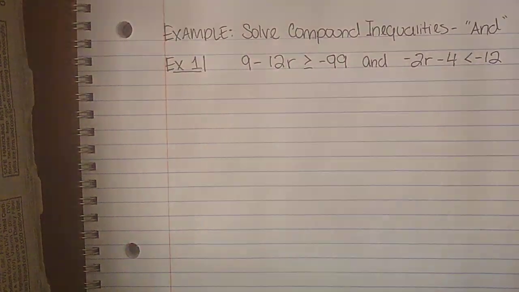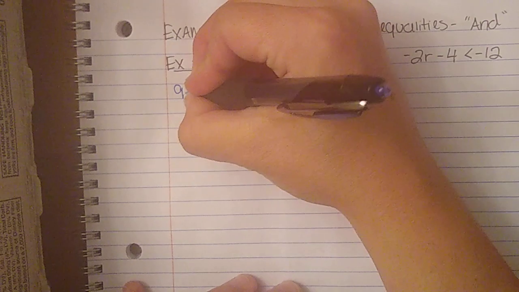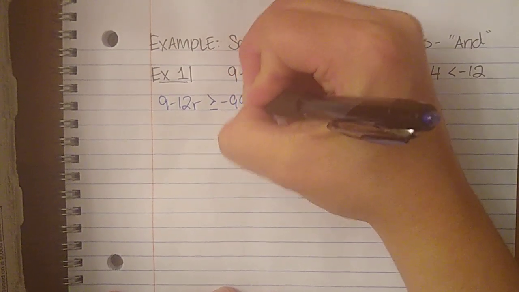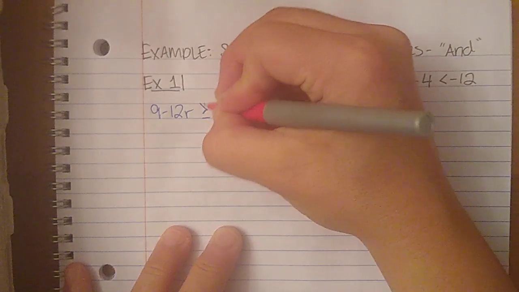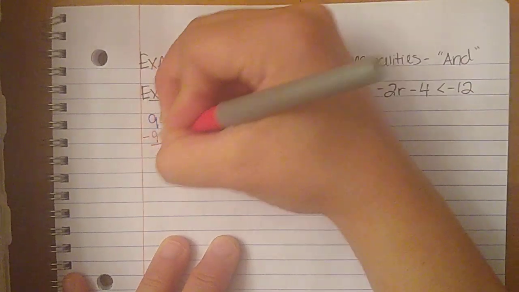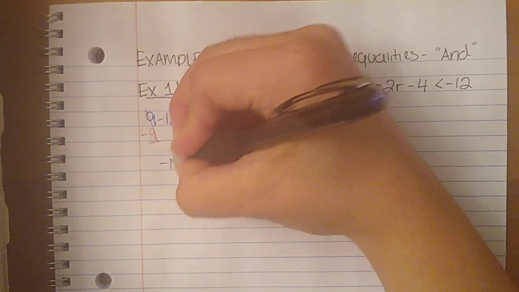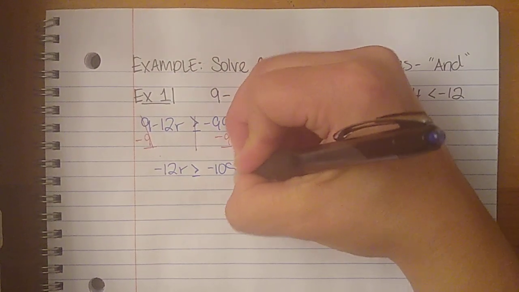So we are going to take care of these guys. First one, 9 minus 12r is greater than or equal to negative 99. Breezing through this, we subtract that 9 from both sides. I end up with negative 12r is greater than or equal to negative 108.